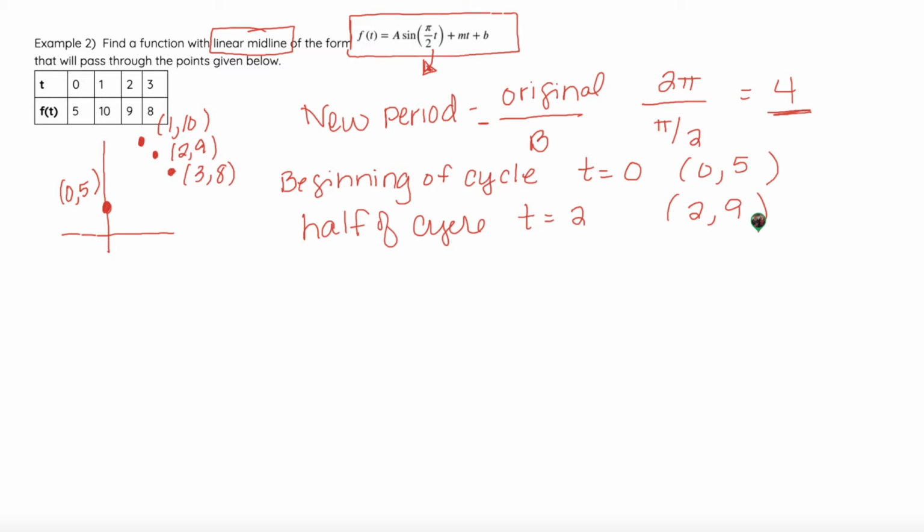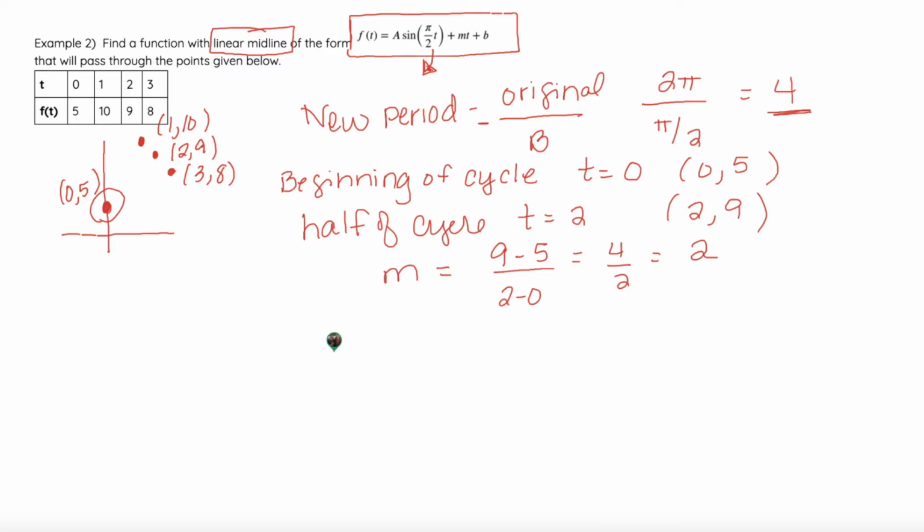We can utilize these points to find the midline. Well, in order to find the midline, we need a slope. So the slope of this line is 9 minus 5 over 2 minus 0, 4 halves or 2. And we also know the y-intercept.